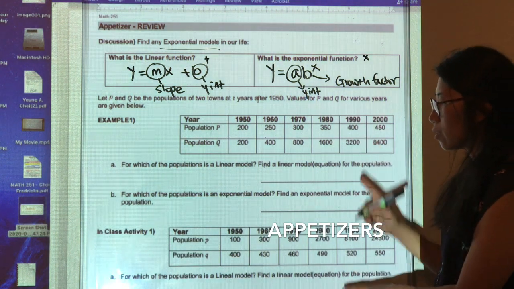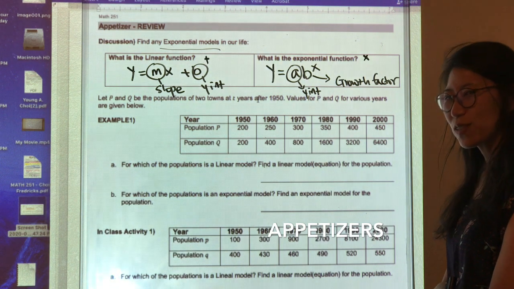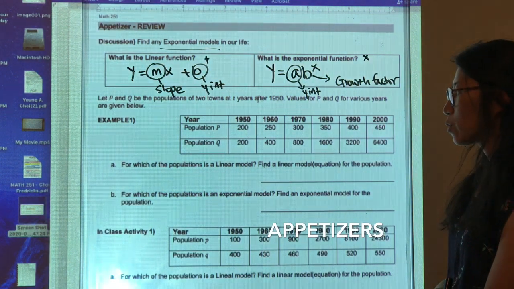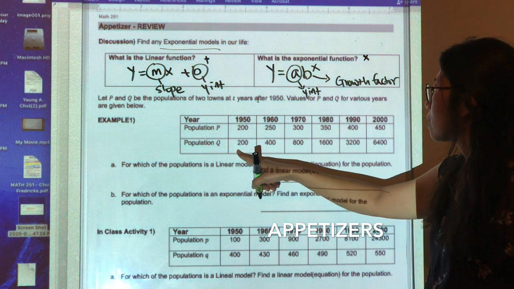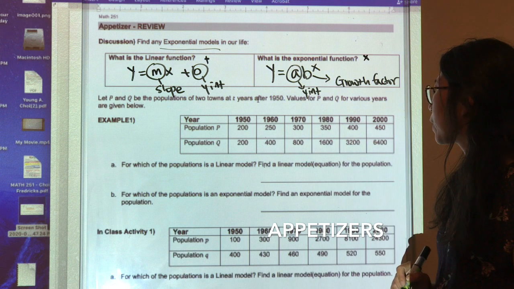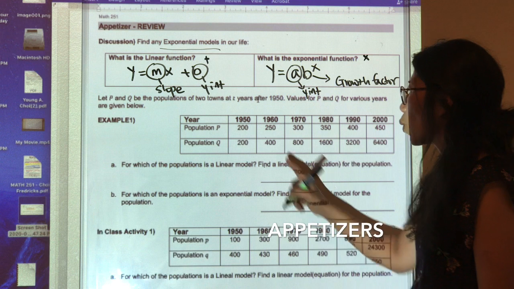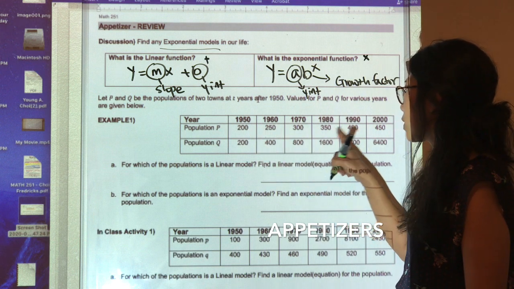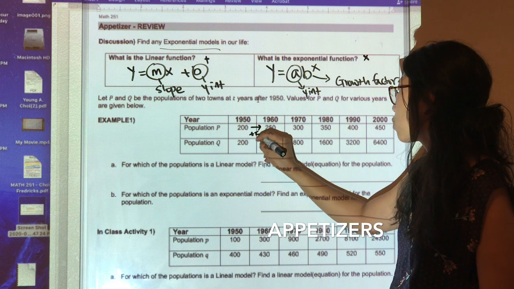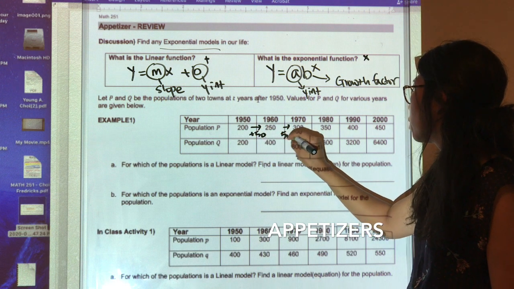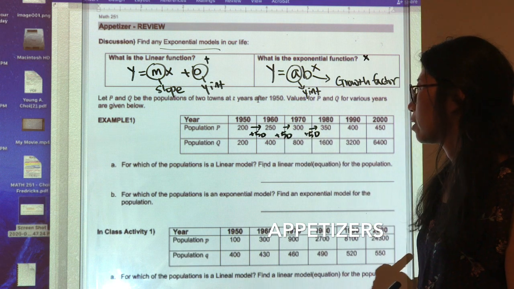If you look at these two examples, they probably look familiar because we have already done them before. Let's talk about populations P and Q, since 1950, the population of one of the areas. For P, when you observe the patterns, each time the number is added by 50 over 10 years.